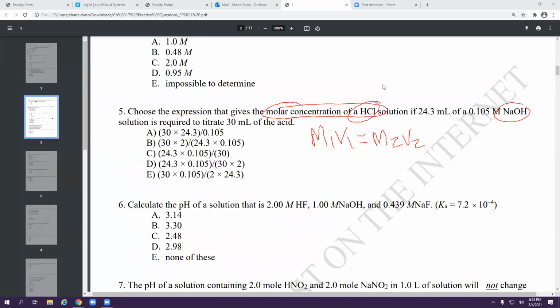Do you want to make that M1 or M2? What do you guys want? Want to make the acid M1 or M2? Okay, the acid will be M1 now. So M1 times how many, what's the solution of the acid? There we go, 30. So M1 is going to stick with 30.